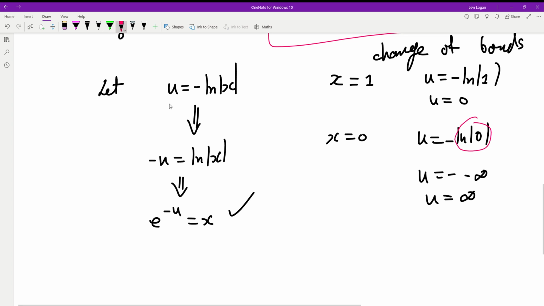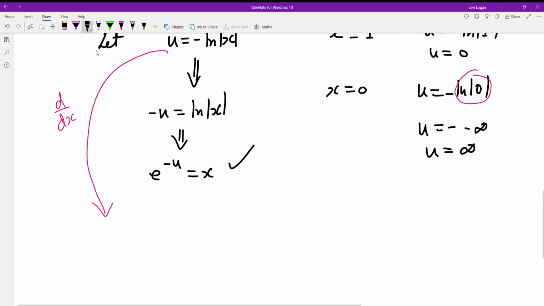And now I need to find du dx. So I'm going to differentiate this with respect to x on both sides. So I'll have du dx equals the derivative of natural log of x, which is 1 over x, so it'll be negative 1 on x. Now you want dx as the subject, so multiply both sides by negative x.